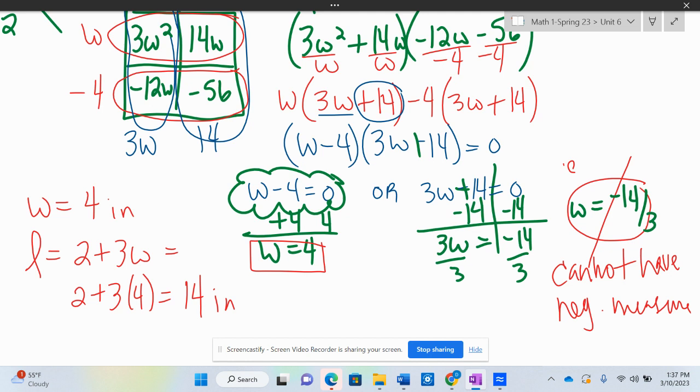And if I wanted to check it, I could just take 4 times 14 and it better equal what, Jack? Open your eyes. You don't have the words on the back of your eyelids, I promise. 4 times 14 is 56. It better be our area, otherwise we're in trouble. We did something wrong. Okay?